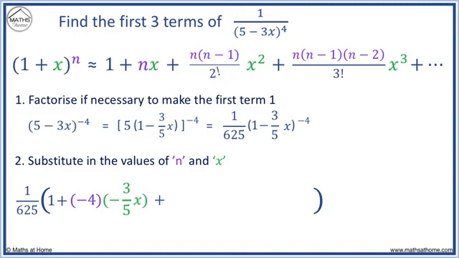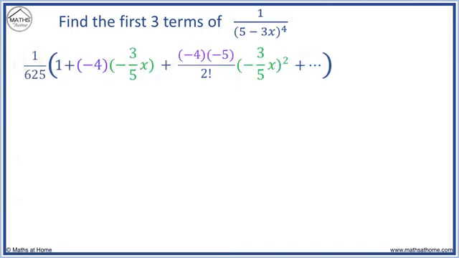And our third term is -4 times -5 over 2 factorial. And x squared is (-3/5 x) to the power of 2. We do not need the next term as the question only requires the first three terms. We take this expansion and simplify term by term.